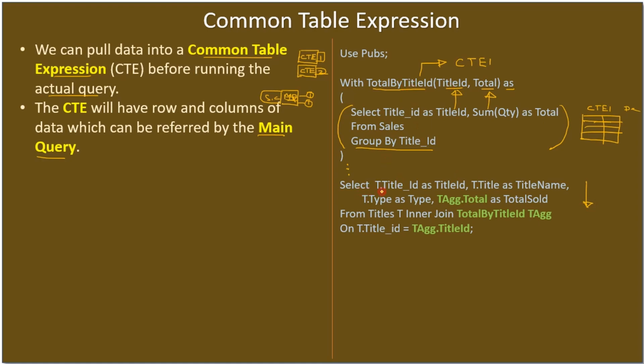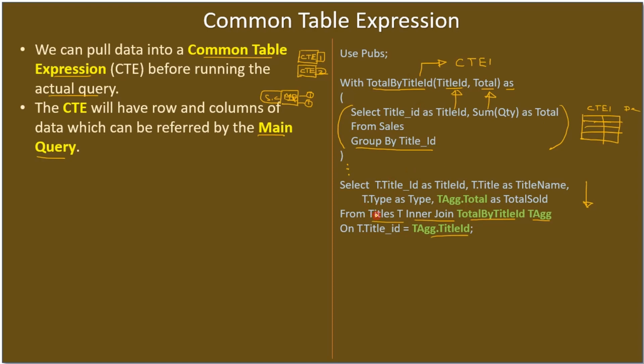If you see here, select, there are some select list here. Let's talk about the from clause: from titles T inner join, and it is using our CTE, common table expression, total by title ID TAG, right? Then T dot title ID equal to TAG dot title ID, right? We've set an alias name for this CTE.